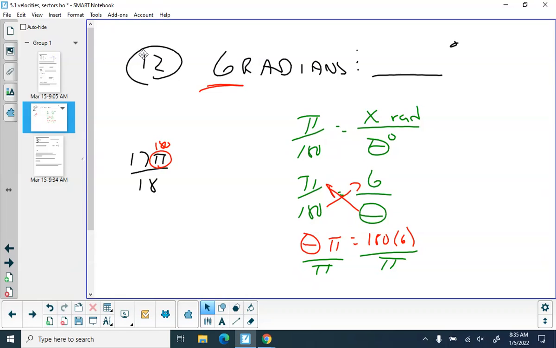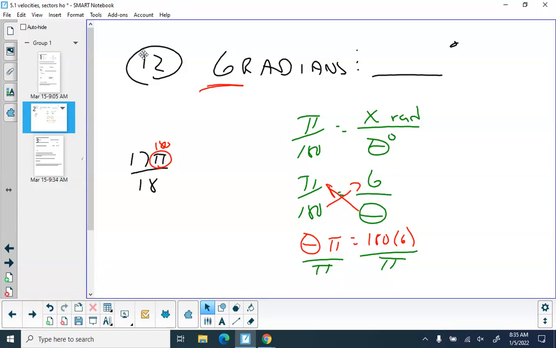So we have 180 times 6, which is 1080, divided by pi. And that will give you an approximate number of degrees, which is 343.8 degrees.